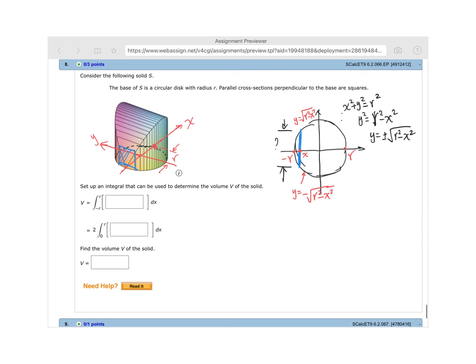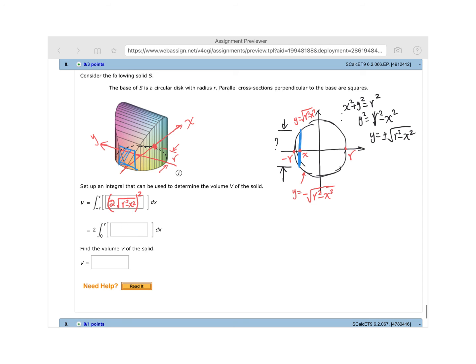So therefore, the area is the square of this length, 2 times the square root of r squared minus x squared, all squared, because it's a square. The length is this minus this, which gives you 2 square root of r squared minus x squared.